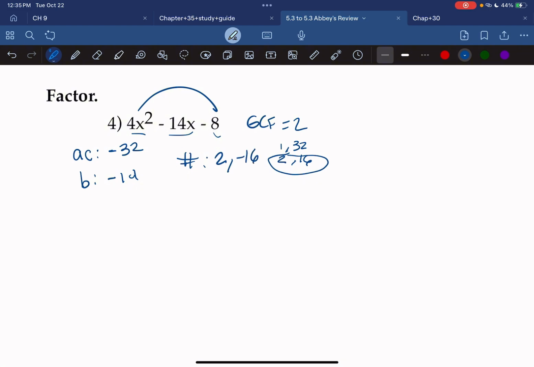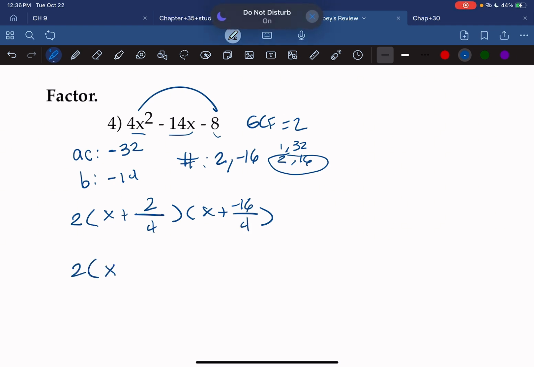And now we would set this up. So let's put our greatest common factor out up front, which is 2. And then we would do x plus blank over blank, x plus blank over blank. Up top, we're going to put the numbers that we found, so it's going to be 2, negative 16. And on the bottom, we're going to put A, and our A is 4. Let's simplify this first. x plus 1/2, x minus 4.